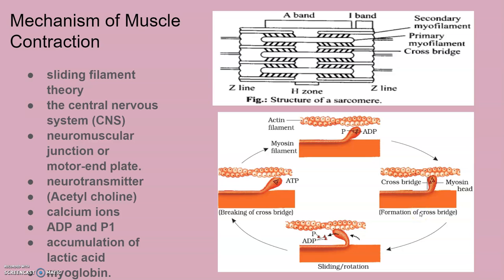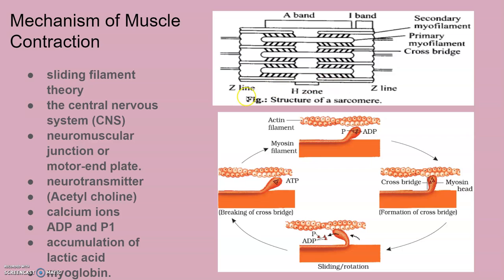Now once the cross bridge is formed, this pulls the attached actin filament towards the center of the A band. The Z line attached to these actin filaments also pulls inwards and causes the shortening of the sarcomere.